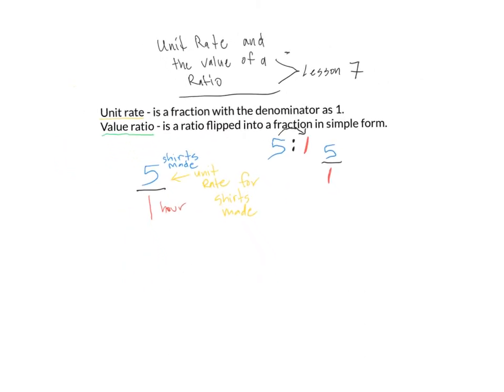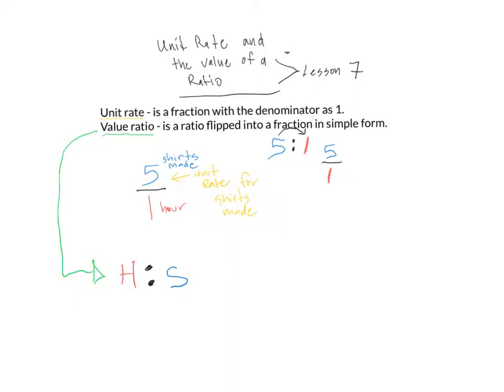So we're going to switch, we're still going to do hours to shirts made. Okay, we're still going to plug in the numbers, but it's going to be in a different order. So it's now hours to shirts made instead of shirts to hours.